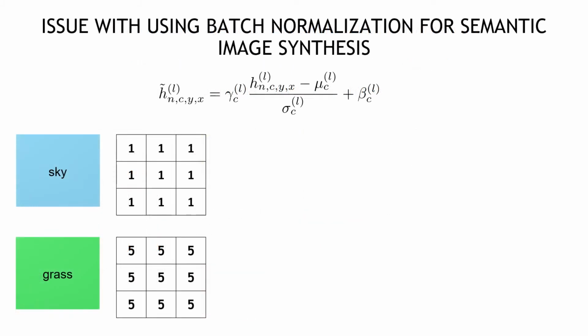So the SPADE design is motivated by the issue with batch norm when it's applied for semantic image synthesis. The operation of batch norm is very simple. You have the activation of the channel at a particular layer. You have N samples and different y-x locations.